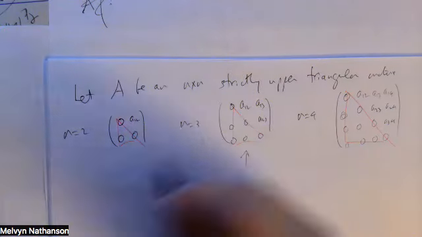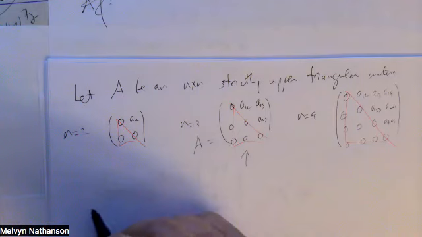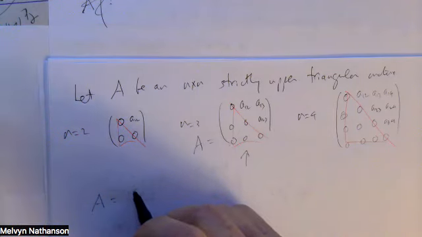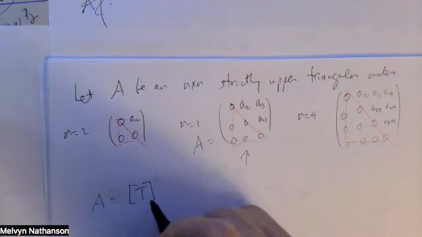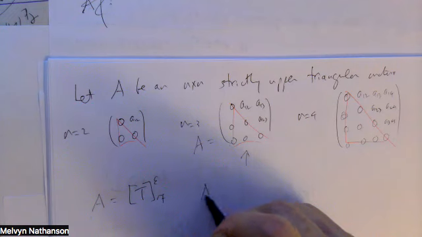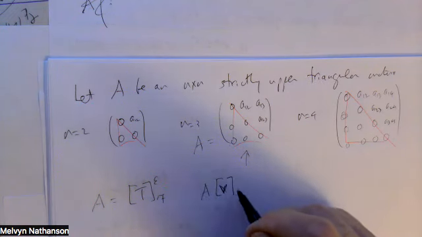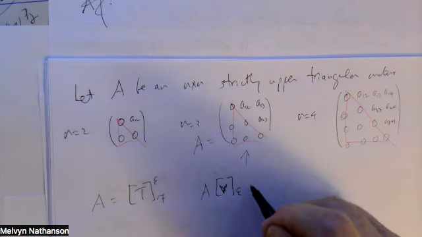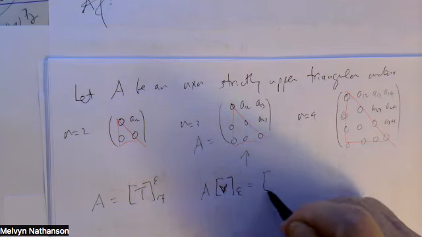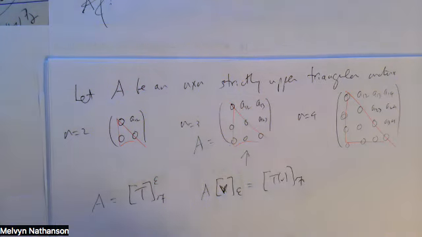So let's say A is the matrix for a linear transformation T with respect to bases E and F. So A times the coordinate vector for V with respect to E gives you the coordinate vector for T of V with respect to F.